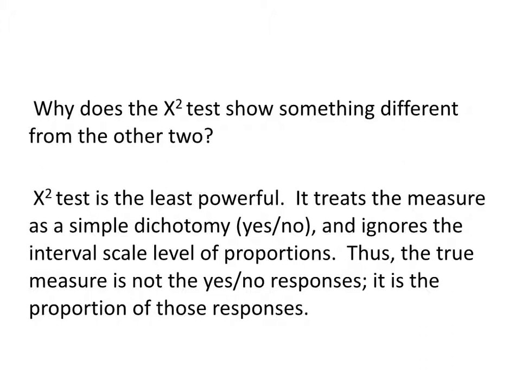That is, power in statistics means the ability to identify small effects as statistically significant. The chi-square test treats the measure as a simple dichotomy, yes or no, and it ignores the interval scale aspect of proportions, which the other 2 tests use. Thus, the true measure is not the yes-no responses, it's actually the proportion of people who give those yes-no responses.